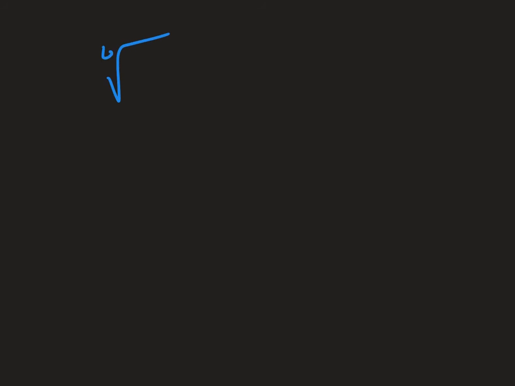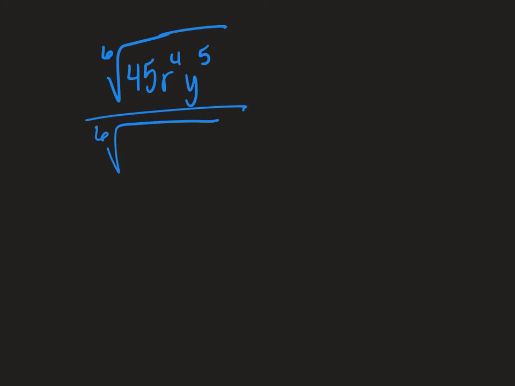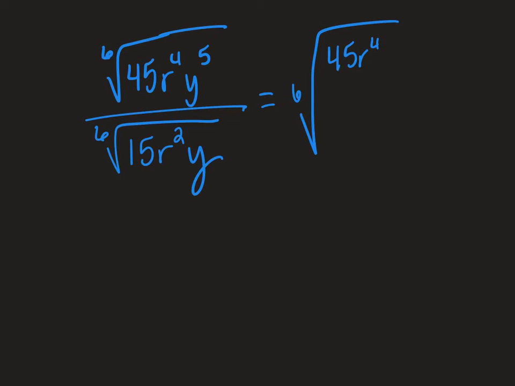So like, let's say we have the sixth root of... So if you have two of the same radical, you can technically rewrite this as one big sixth root. And then you would just divide inside like you normally would.